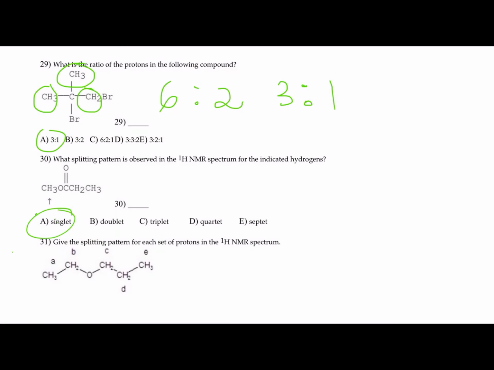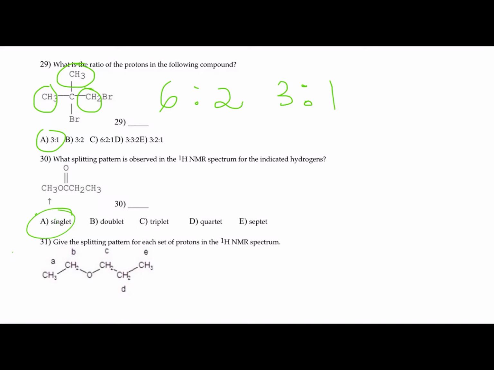Okay. Number 31, give the splitting pattern for each set of protons in the proton NMR spectrum. If you look at your carbon A, it will be split by the hydrogens on carbon B according to the n+1 rule, where n is the number of hydrogens.